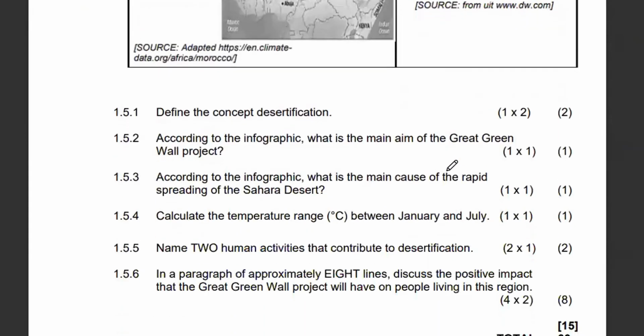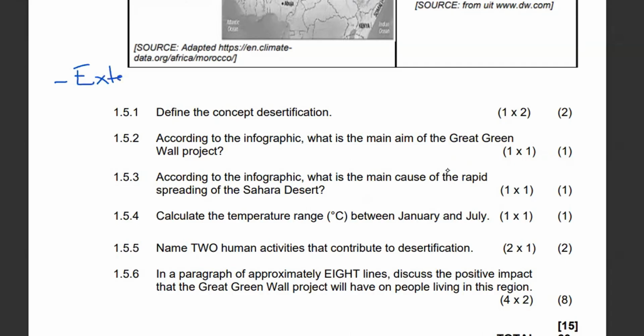Define the concept desertification. When we are defining this concept, we define it in most simple terms. Right, desertification coming from the word desert, we know what a desert is. So, when desertification is happening, what is the ultimate thing happening?